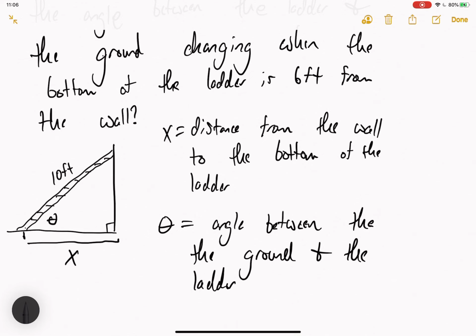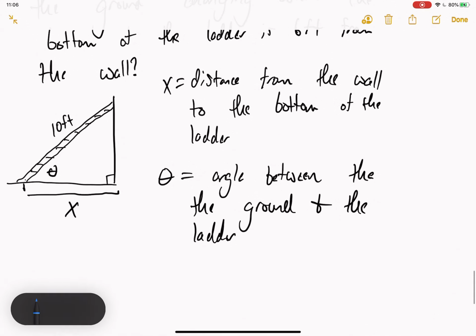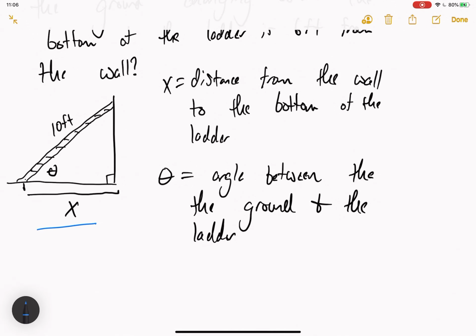And just to clarify what the motion is doing, we have the ladder slipping away. Because of that, the top is going to be sliding down. But basically this angle right here is going to be decreasing. So that's going to be our d theta dt. So that's what we need.